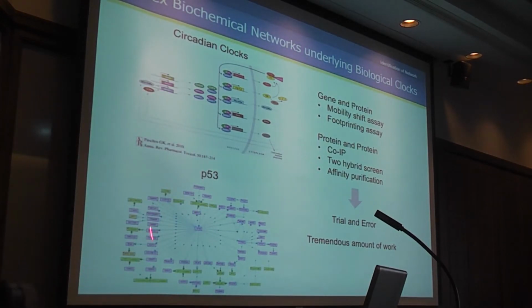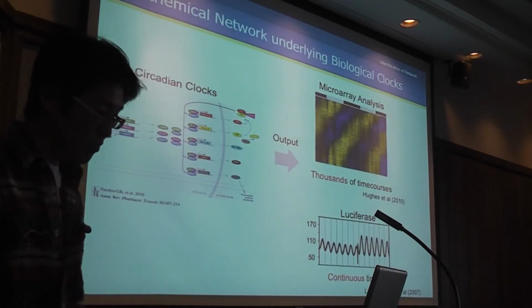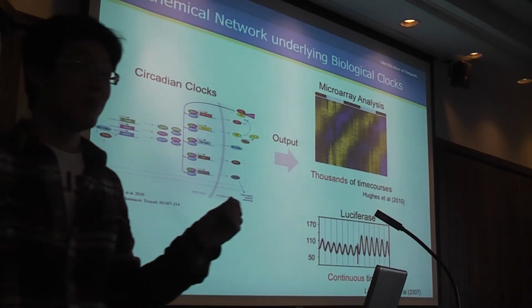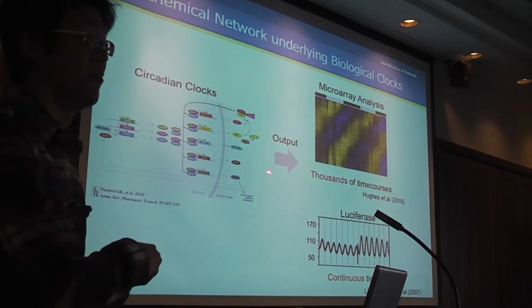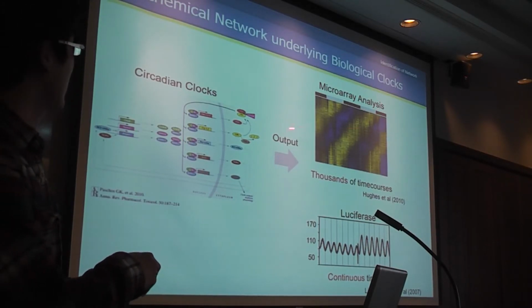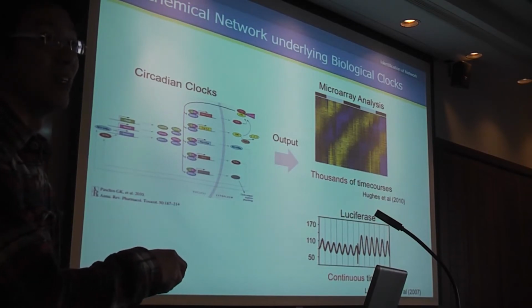So identifying biochemical networks is so difficult. It requires a tremendous amount of work. However, the output of this biochemical network is relatively easy to measure. What I mean is, what is the output of the circadian clock components? All of these components generate the rhythm as a result of biochemical reactions. Through microarray analysis, we can measure the expression of all of these clock genes simultaneously.